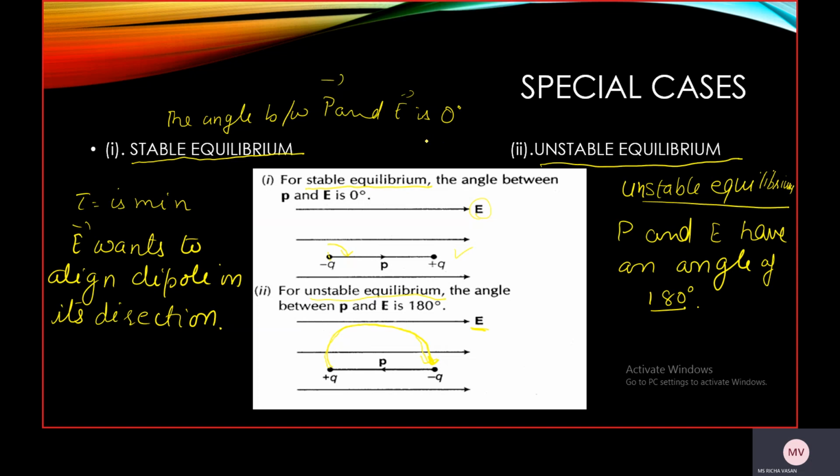That means when the dipole is aligned in the direction of electric field, then the dipole is in stable equilibrium with the electric field. And if the dipole is in direction opposite to the electric field, then it will be in unstable equilibrium with the electric field.